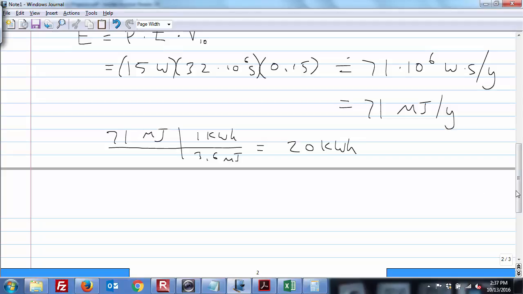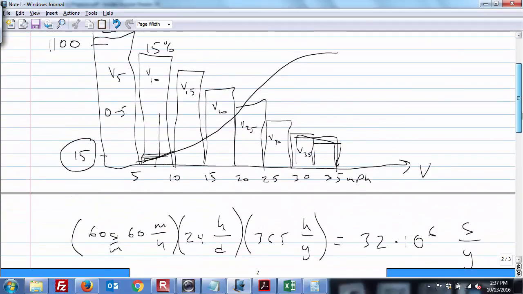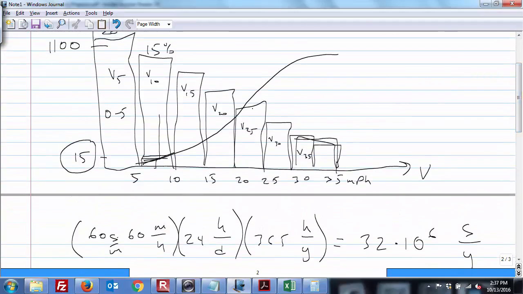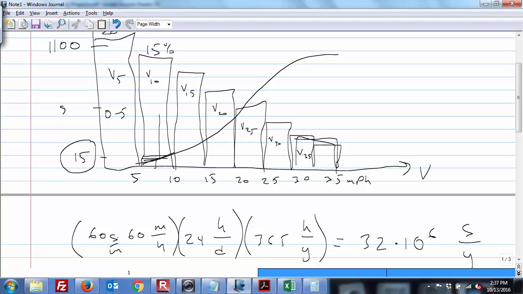Okay, but now if we get up into these greater amounts, let's just say right here we're actually at 500 watts, and we do this for V25, and let's just say this is something like 8%. You can then rerun that number, right?